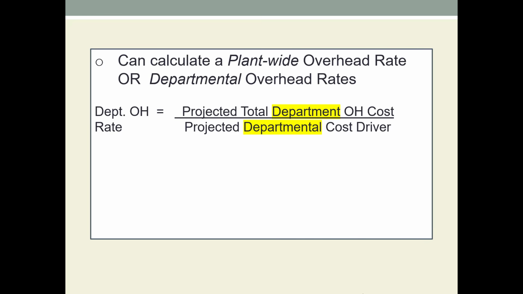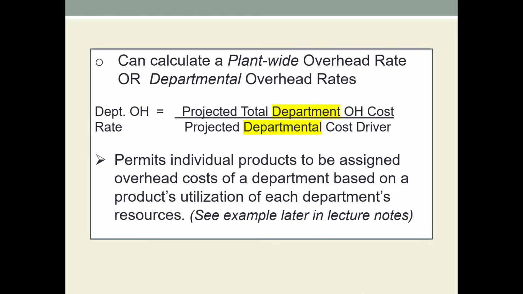It's just that you will break overhead costs down by department, say for the cutting department, and then you'll divide by labor hours, and then you might have overhead costs for the assembly department divided by machine hours. And this just allows your products to be assigned overhead cost based on how much they utilize the resources of a given department. We'll see an example later in our lecture notes.